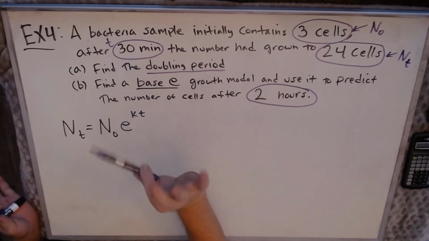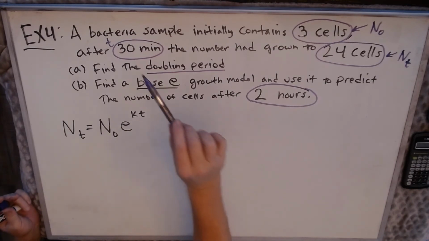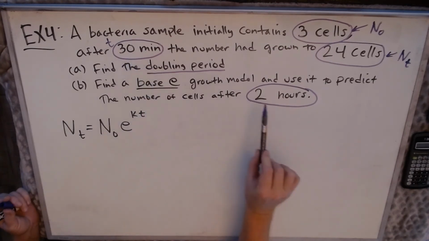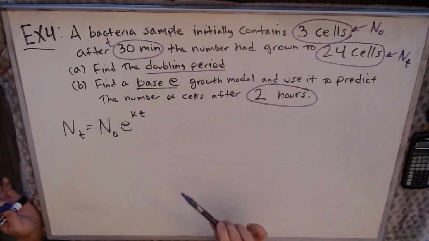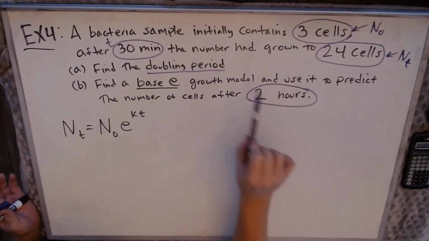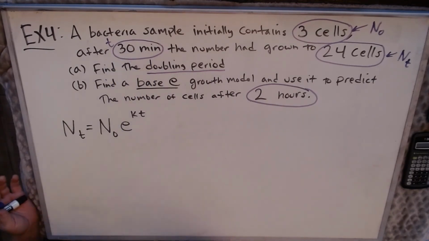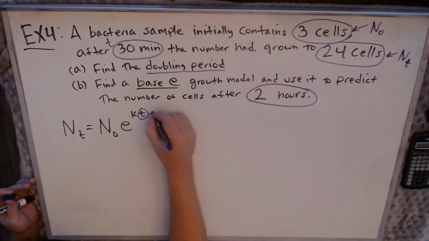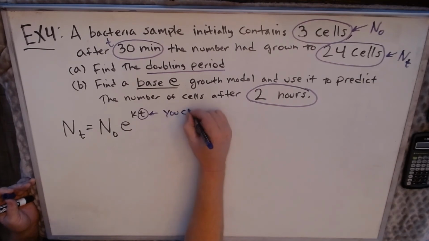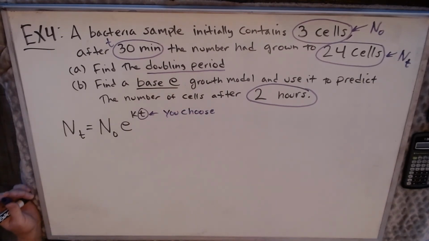So we have a very important decision to make. If we do minutes, well then 2 hours would be 120 minutes. Or if we do hours, then 30 minutes will be half an hour. The choice is yours. But once you choose, you may not like your choice, but you've made it.